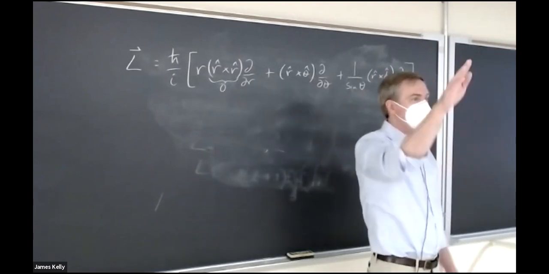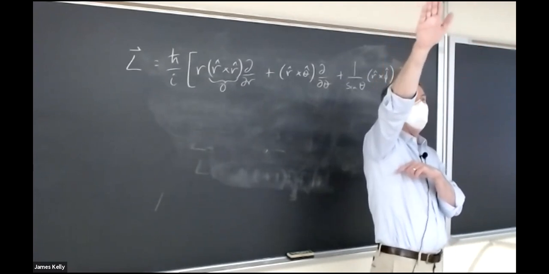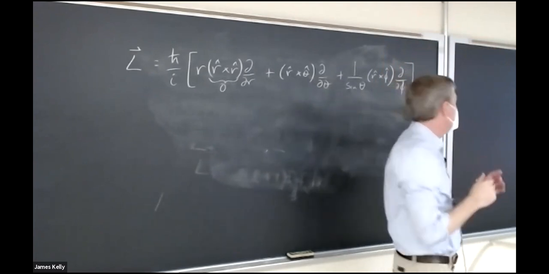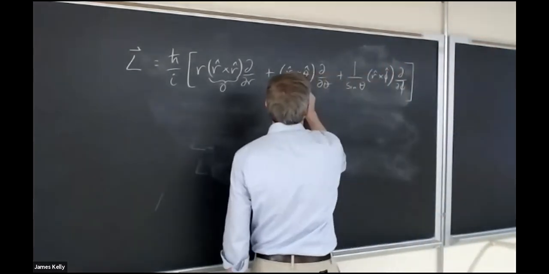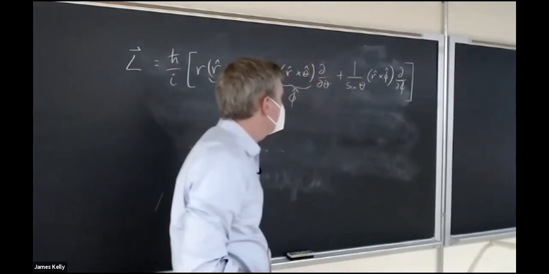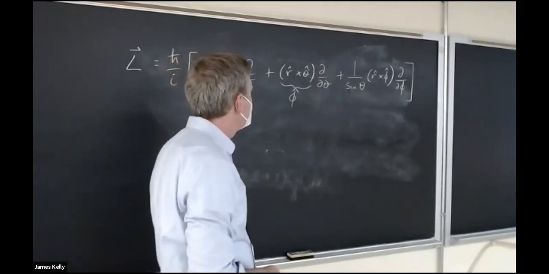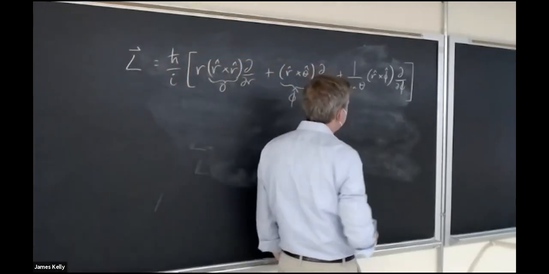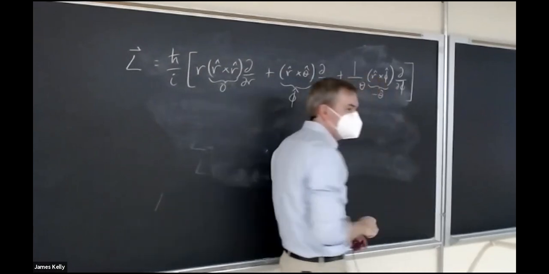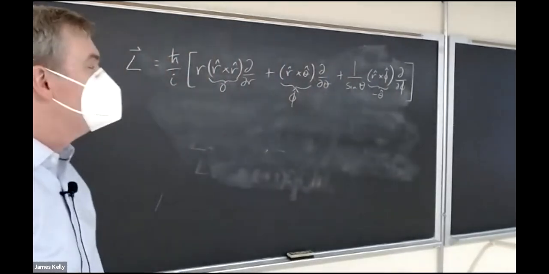So if the origin is, say, at my armpit there, r hat cross theta hat gives me a vector in the phi hat direction. And what about r hat cross phi hat? Yeah, it's actually negative theta hat. You kind of got to stare at that diagram that I provided to the right in that problem.